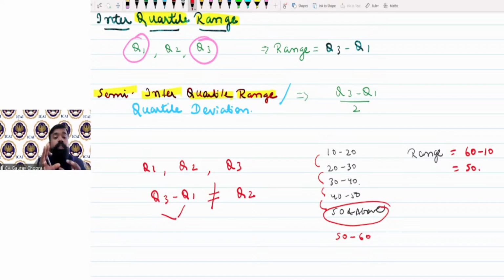We are not seeing whether the value is bigger or smaller, how big or how small the value is. All these are positional values. So we cannot say that Q3 minus Q1 will give us Q2. That is totally incorrect.